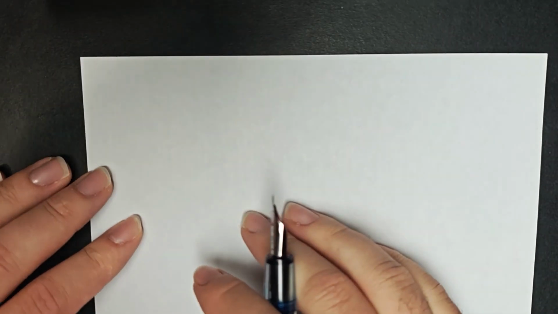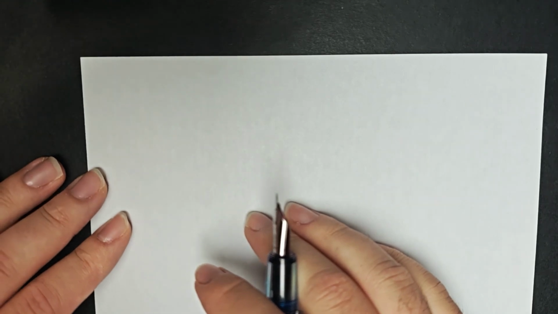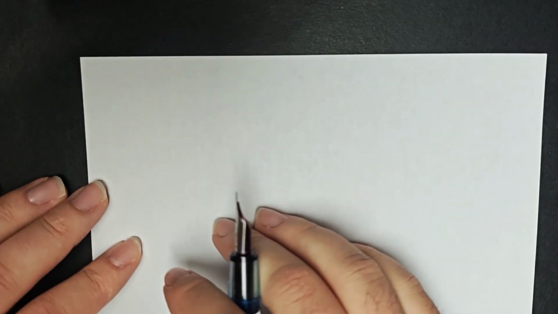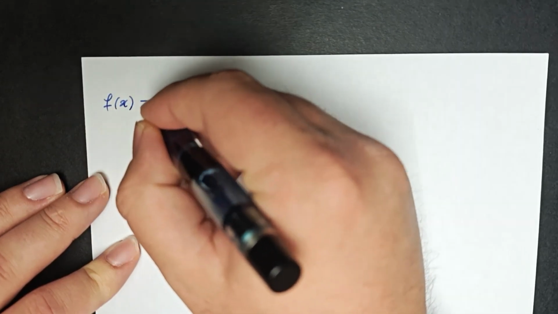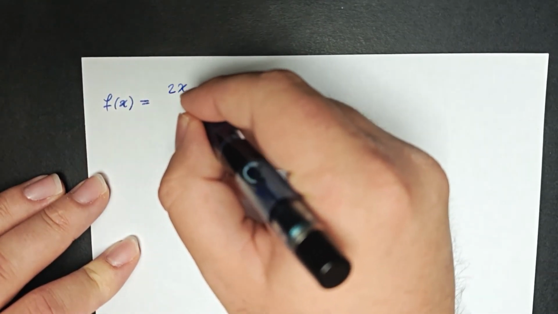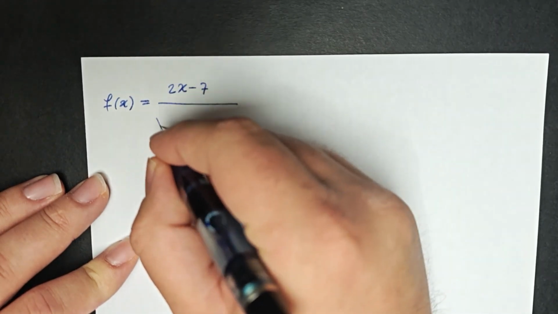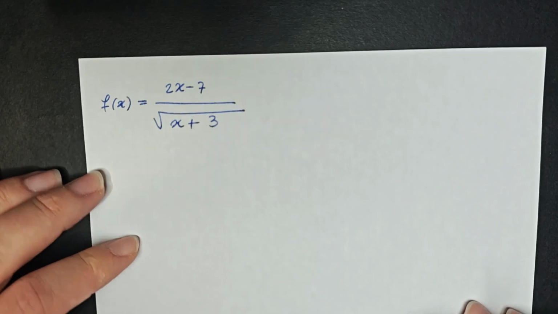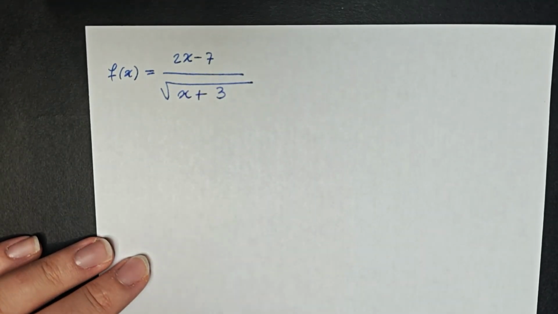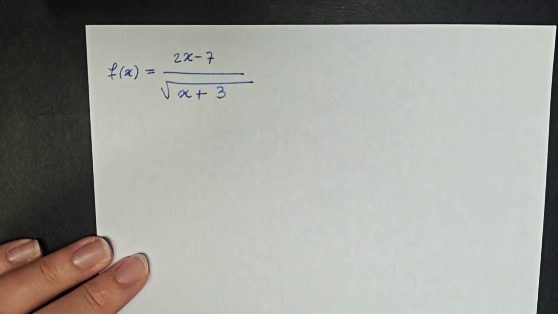Let's do another example. It can happen that you have a fraction and the square root function combined in the same manner. Let's observe the function f, which is defined as 2x minus 7 over the square root of x plus 3. Again, our job is to find the domain of function f.